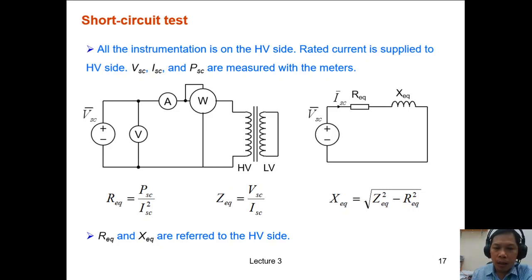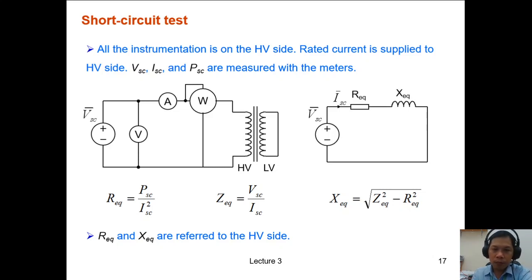Remember, REQ and XEQ are referred to the HV side because we are measuring everything on the HV side. Before we can use these, you have to refer either REQ, XEQ to the LV side and draw the equivalent circuit on the LV side, or you have to refer RC, XM to the HV side and draw the equivalent circuit on the HV side.